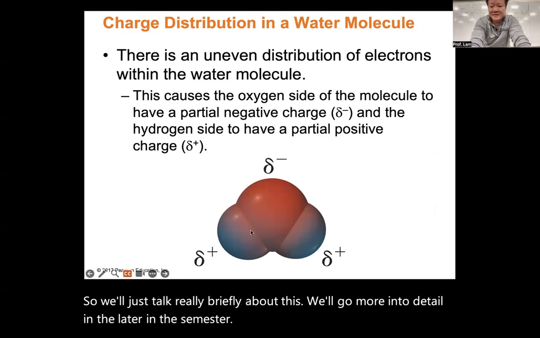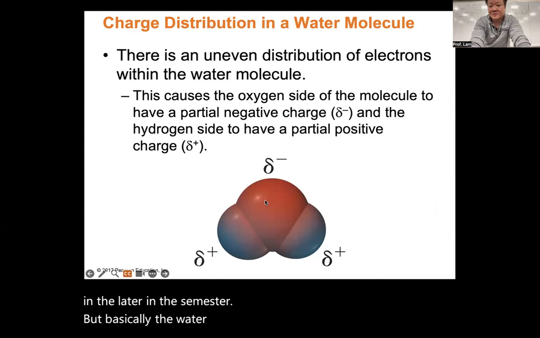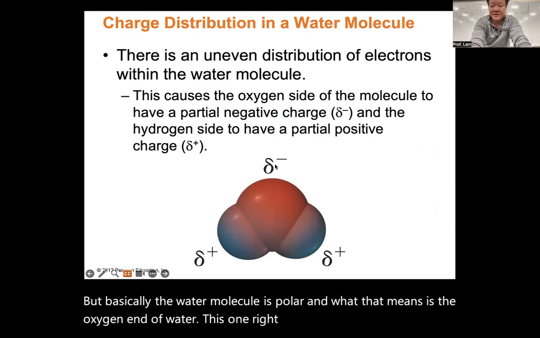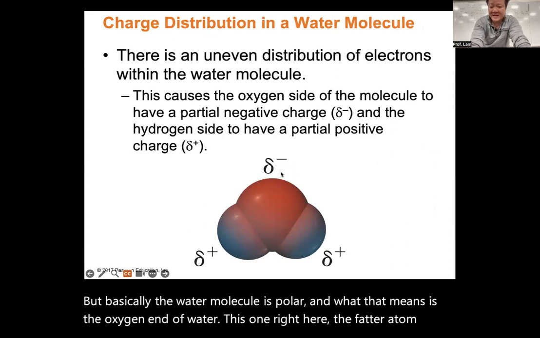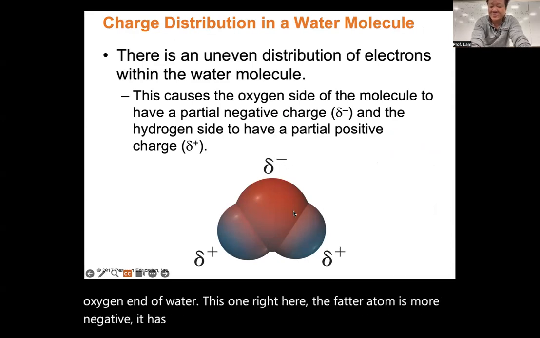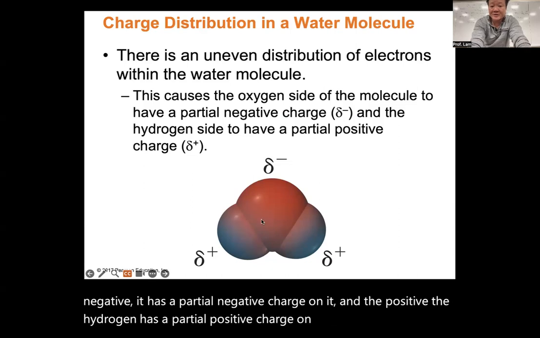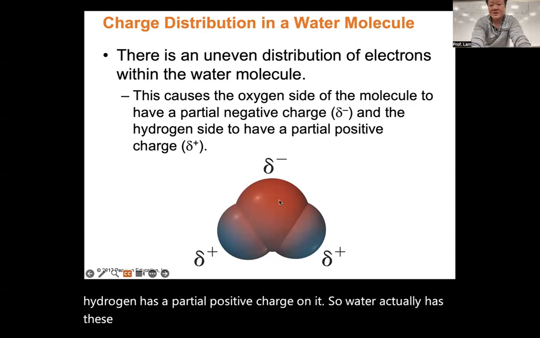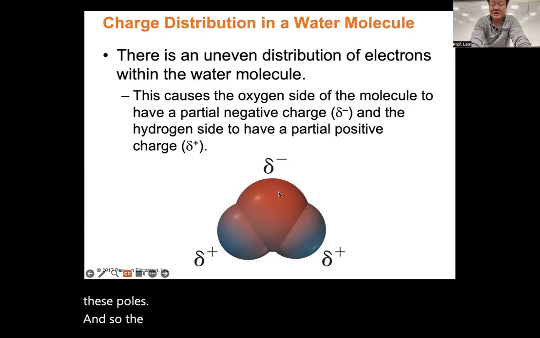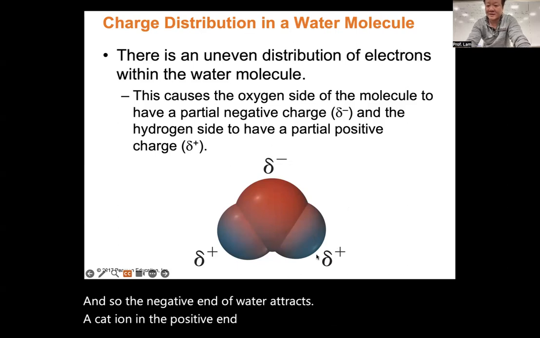Basically, the water molecule is polar, and what that means is the oxygen end of water, this one right here, the bigger atom, is more negative. It has a partial negative charge on it, and the hydrogen has a partial positive charge. So water actually has these poles, and the negative end of water attracts a cation, and the positive end of water will attract an anion.